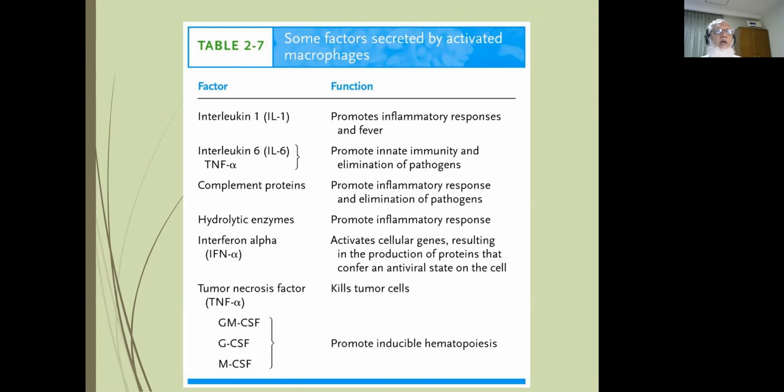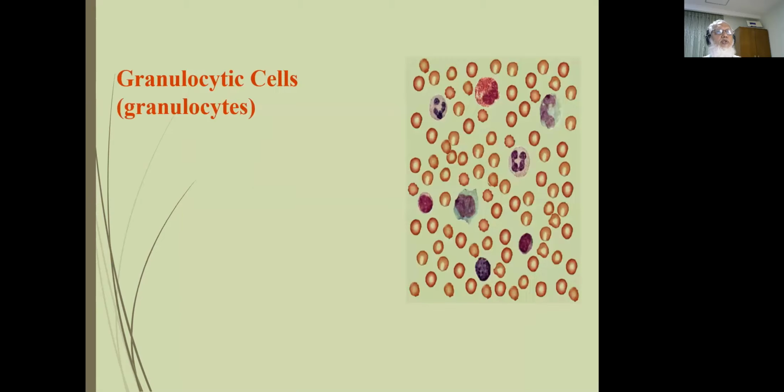Interferon alpha activates cellular genes, resulting in the production of proteins that confer an antiviral state by degrading the messenger RNA of virus. Tumor necrosis factor kills the tumor cells. GM-CSF, G-CSF, and M-CSF, granulocyte monocyte colony stimulating factor, granulocyte colony stimulating factor, and monocyte colony stimulating factor, promote inducible hematopoiesis.